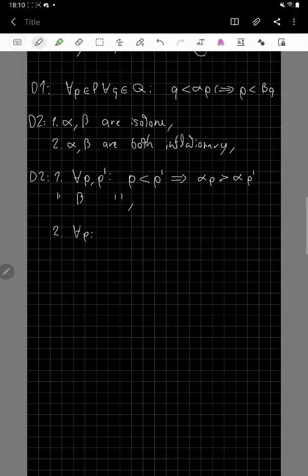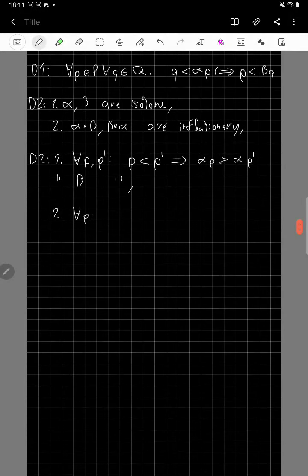Alpha composed with beta and beta composed with alpha are inflationary. What does that mean?